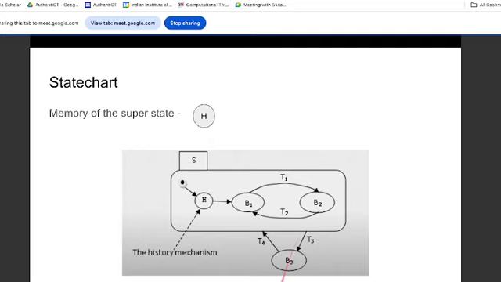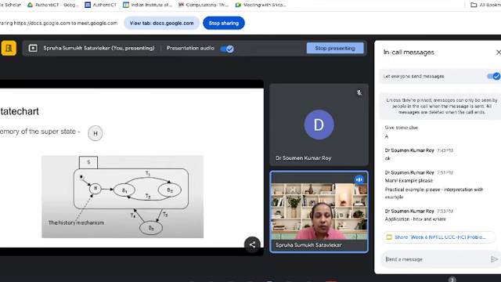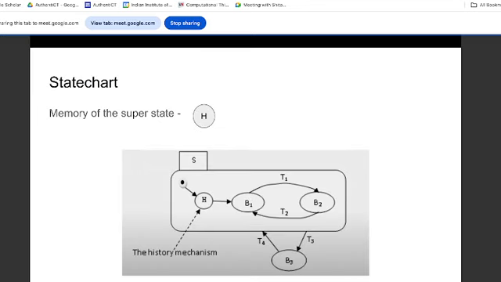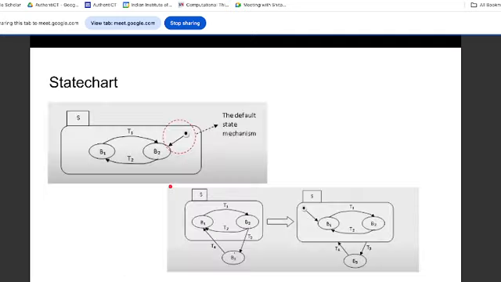So when we exit this system and do something t3 with another state, we still remember in the h block whether the bulb was on or off. That is the biggest advantage of the state chart, where we have a history mechanism. This history is always recollecting the current state of the changing variable.